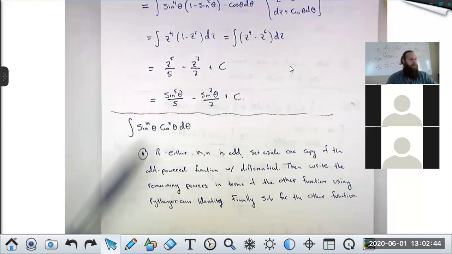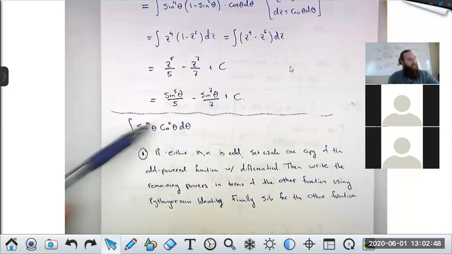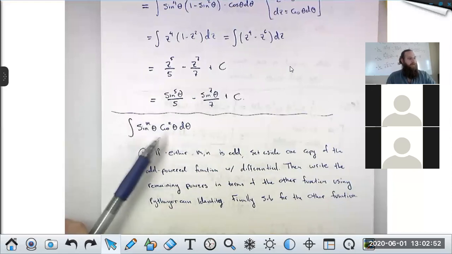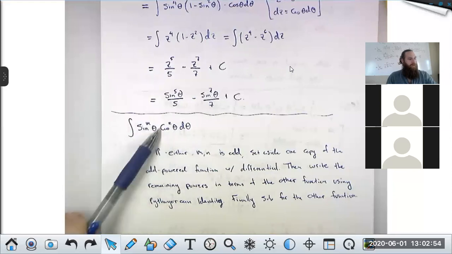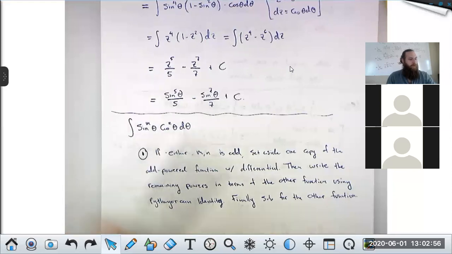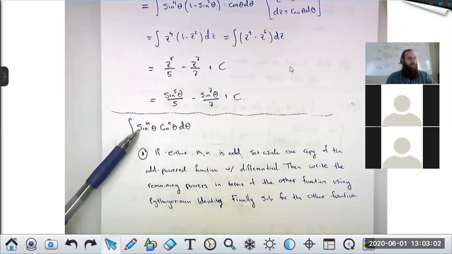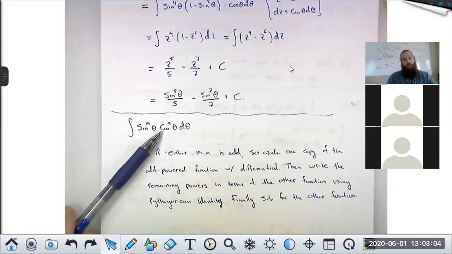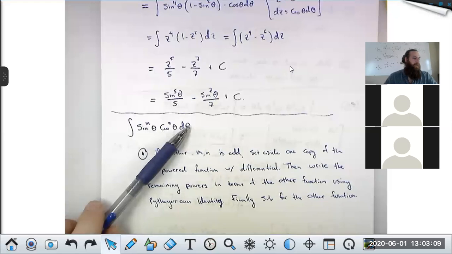So if the power of sine is odd and the power of cosine is even, you would set aside one copy of sine. Your goal is to substitute for cosine. The sine theta that you set aside is what you'll use in the differential with your substitution. What you would have then is an even power of sine times some power of cosine, maybe even, maybe odd, I don't care, times sine theta d theta.